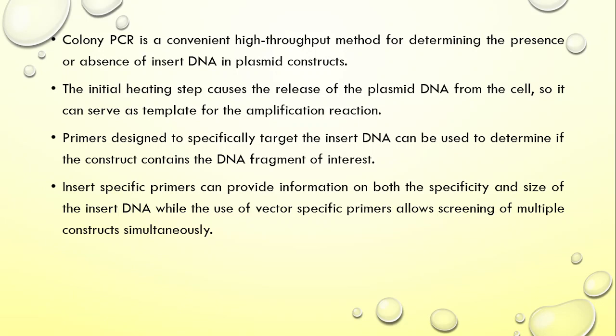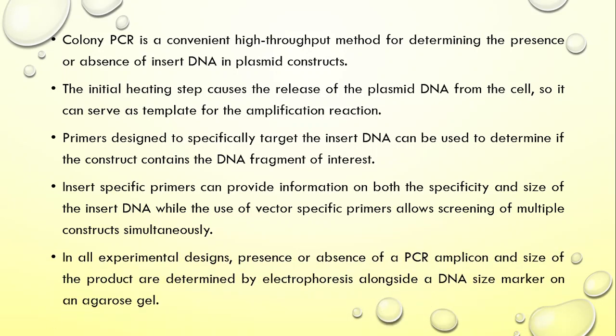An insert specific primer is highly specific, and if you use a vector specific primer, multiple cells can be screened. Irrespective of the experimental design, the presence or absence of a PCR amplicon and the size of the product are determined by electrophoresis alongside a DNA size marker on an agarose gel.